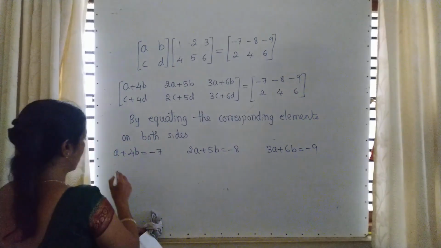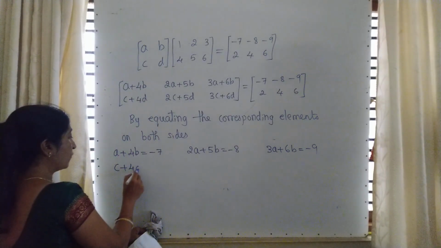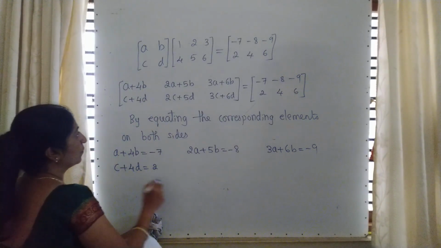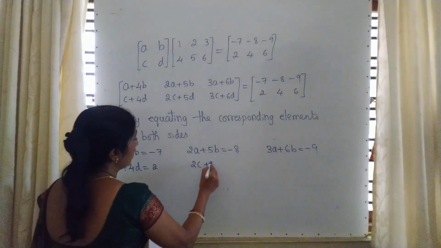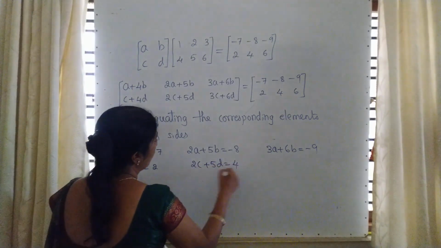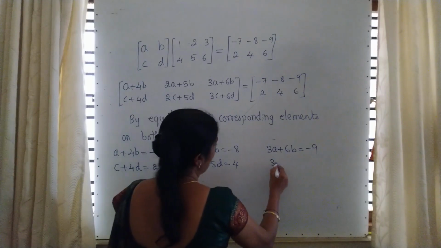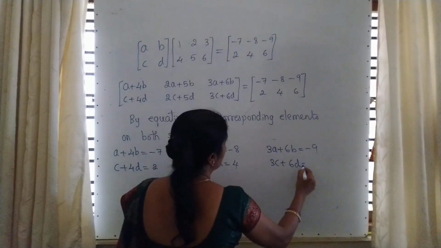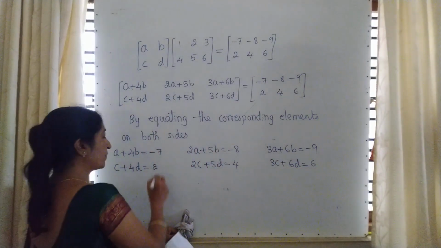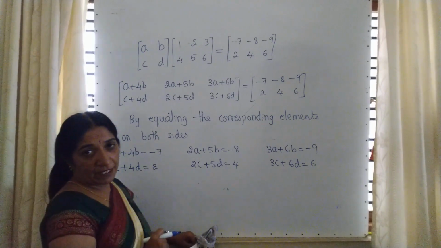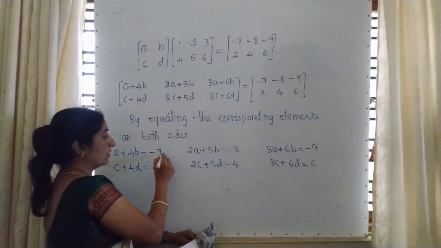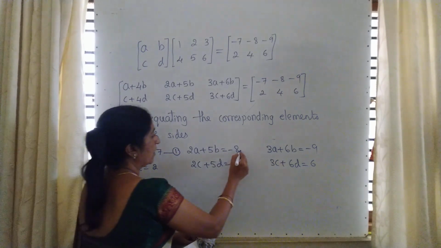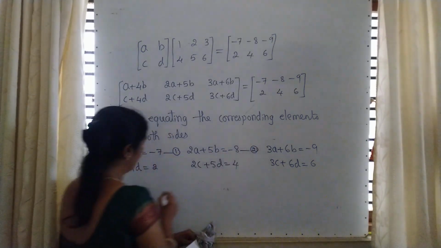Like that, the next row. C plus 4D is equal to 2. 2C plus 5D is equal to 4. 3C plus 6D is equal to 6. Now they are just like simultaneous equations. Solve this. I am taking this as equation 1 and this as equation 2.